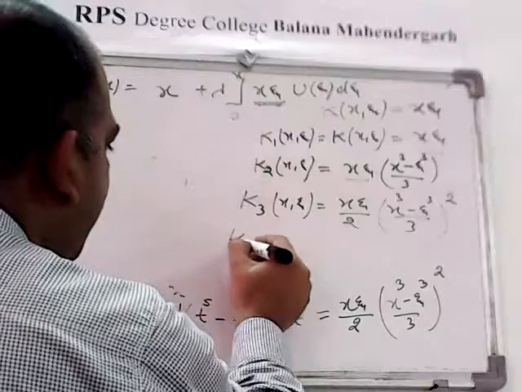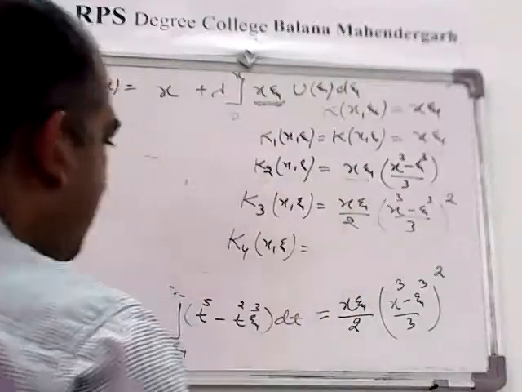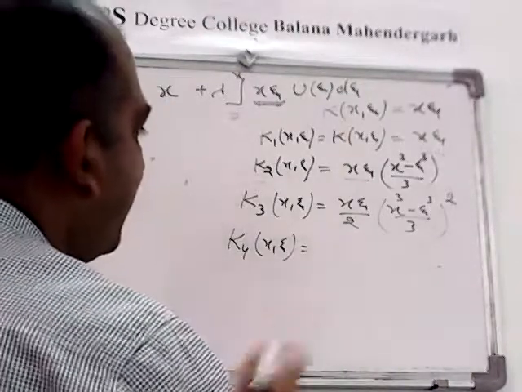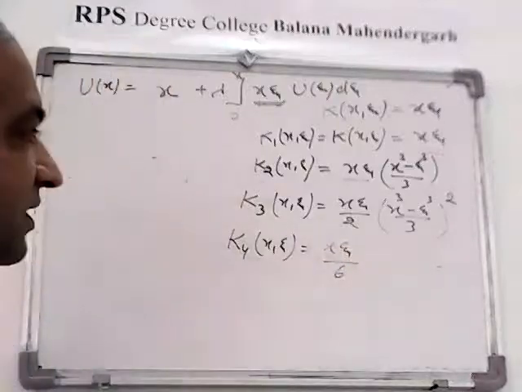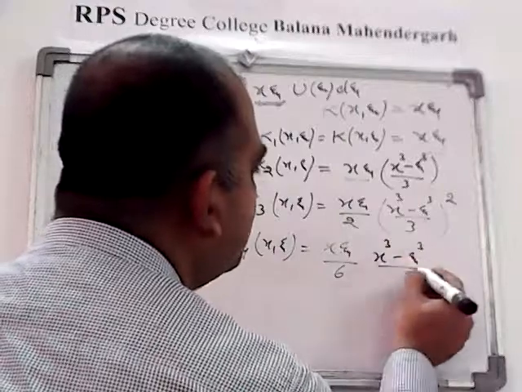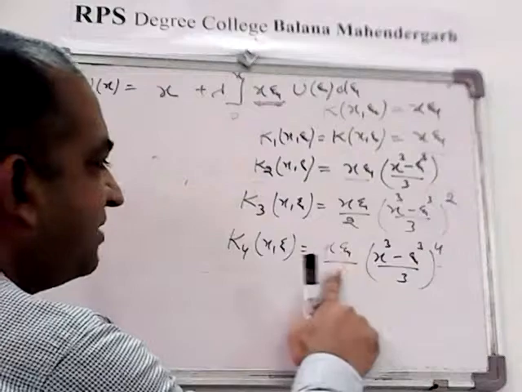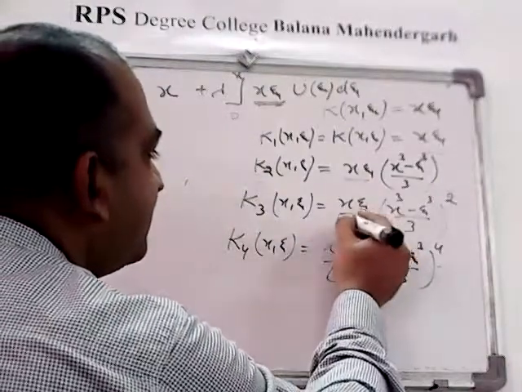When we find k4 of x comma xi, we will get x xi by 6, then x cube minus xi cube by 3 raised to power 3. So this 6 can be written as 3 factorial and this 2 can be written as 2 factorial.